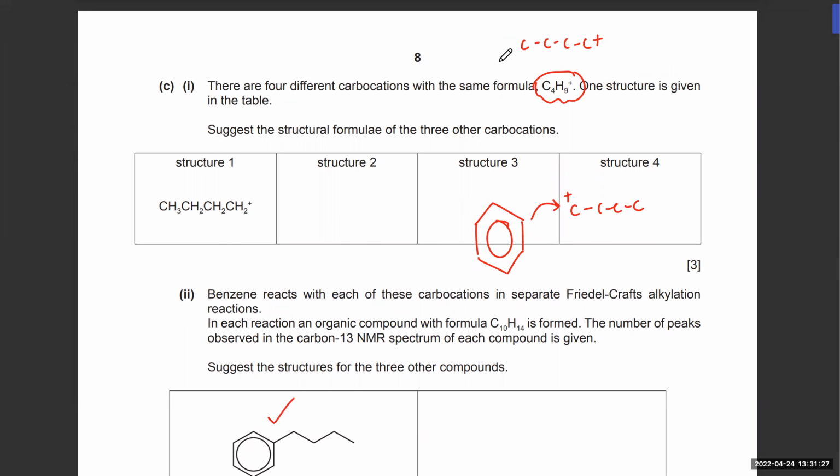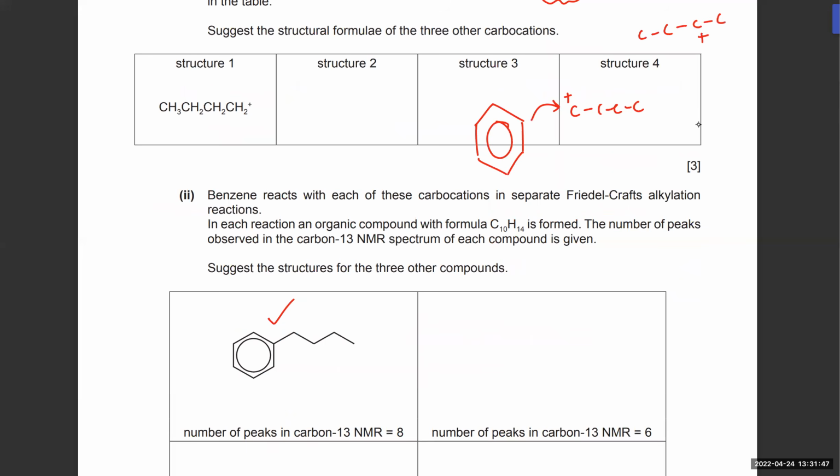But remember this is one entity. What is the other version of this? Maybe you still have a 4 carbon atom C4H9 but the middle carbon atom is the carbocation. You don't know where the positive charge is, right? So maybe it's on the second one. So you've got a benzene and you've got a 4 carbon atom chain and the second one is the positive one.